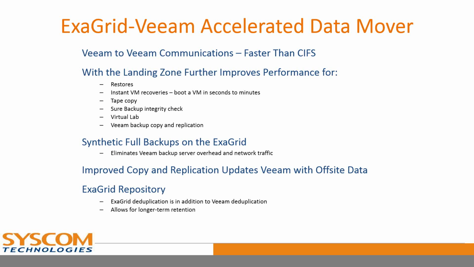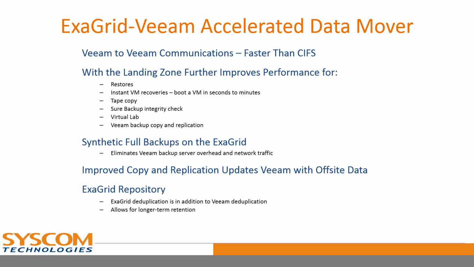And also, there are landing zone improvements for all of your Veeam operations. And you can also perform your synthetic full backups on the ExaGrid landing space, whereas in the past, that was something you didn't necessarily want to do because there was a lot of overhead involved with that on the server.